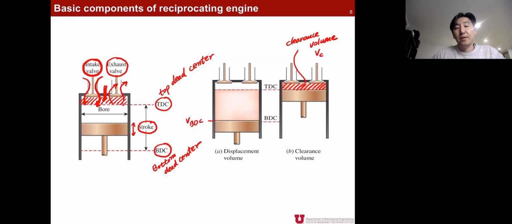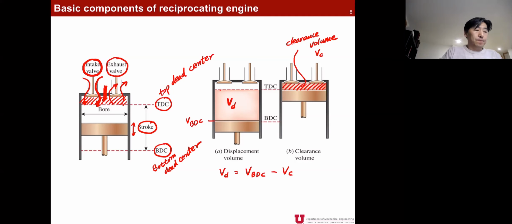Now what is important volume for the thermodynamic analysis is the displacement volume. We call it VD. So VD is VBDC, the maximum volume, minus VC, which is the clearance volume. The displacement volume is the volume that is swept by the piston during the piston movement.